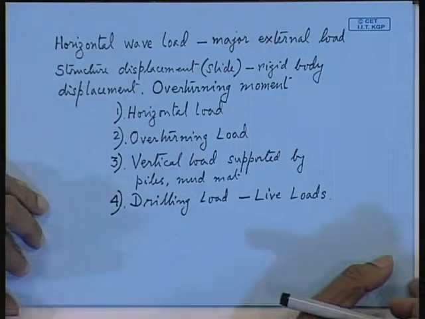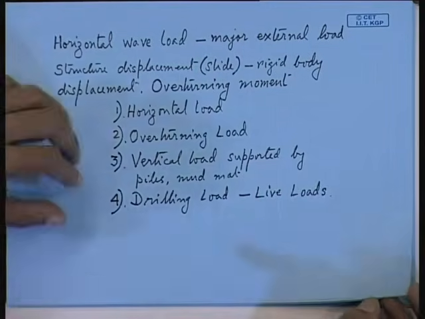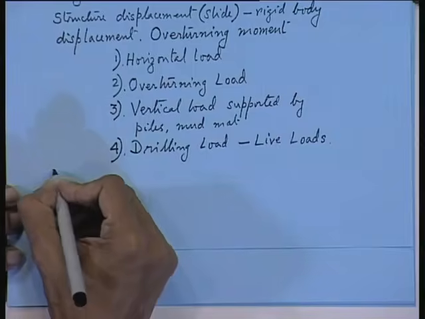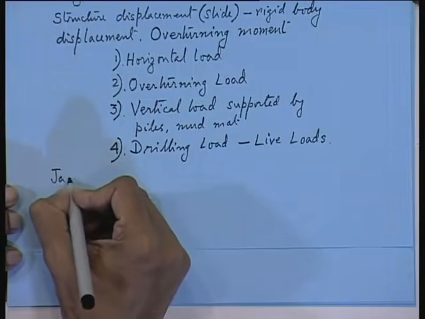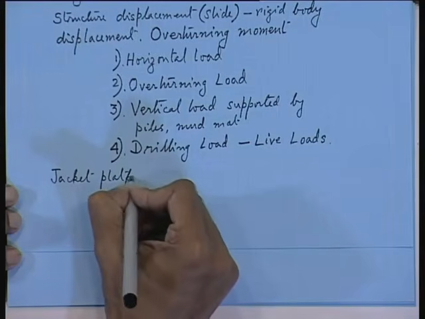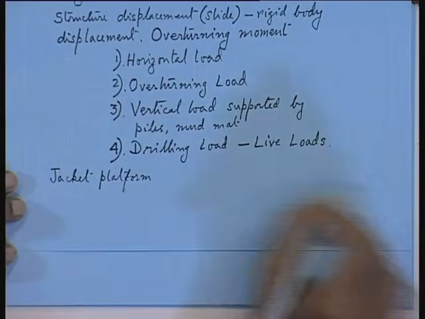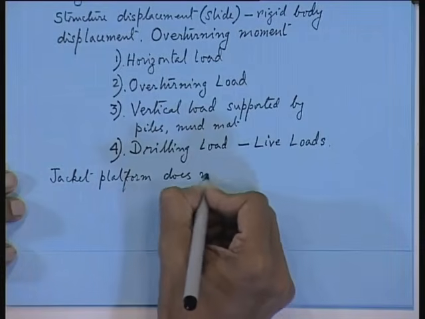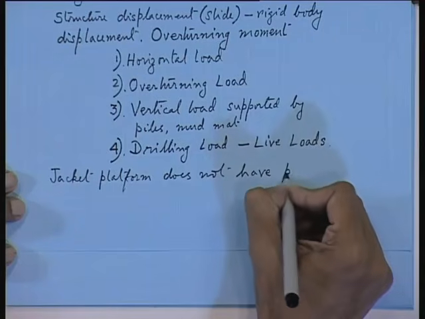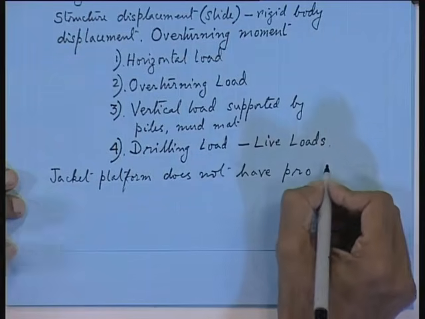Now, coming to the main purpose of a jacket, your jacket does not have any provision for oil storage. You can see the structure, the jacket platform does not have provision for oil storage. So, that is why you have to have an export pipeline.